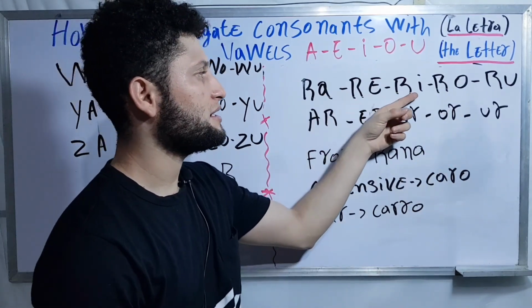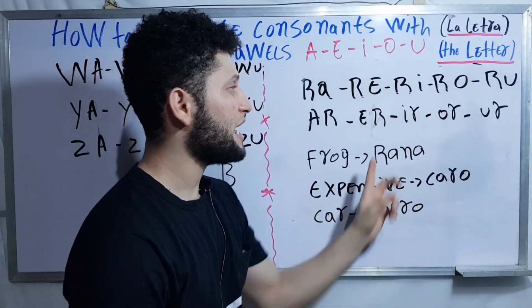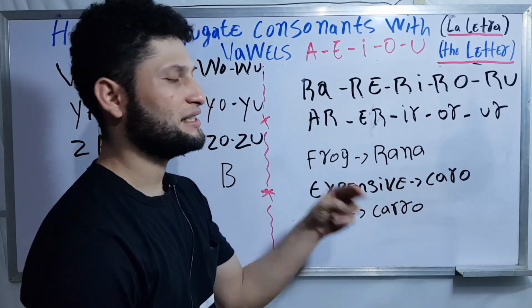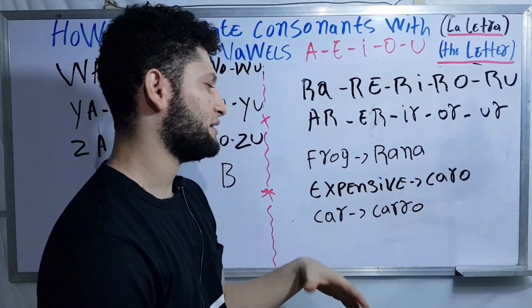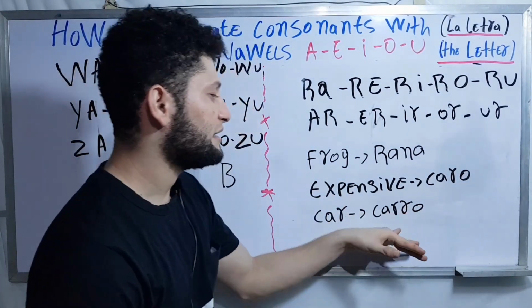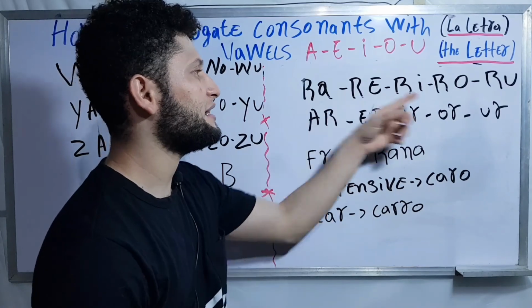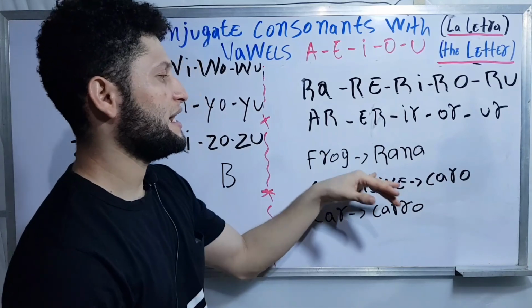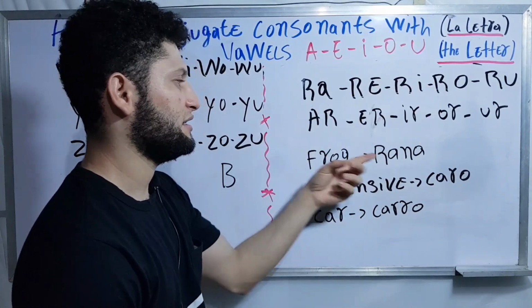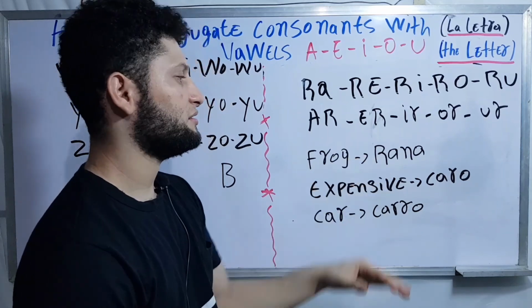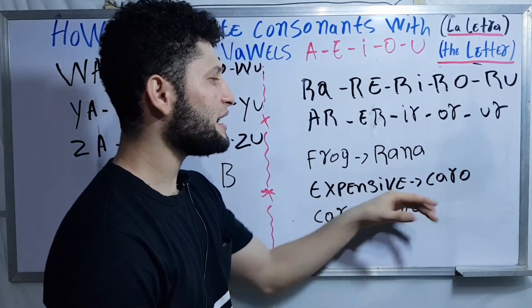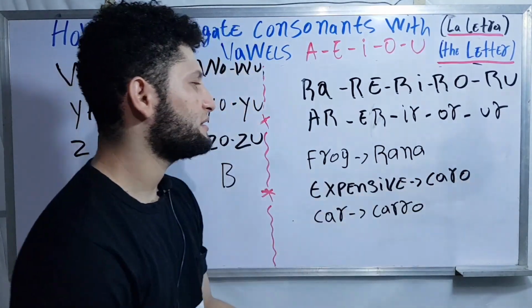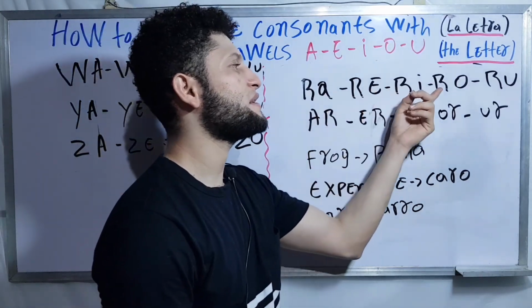However, in this case, you need to add a second letter because it's not at the beginning of the word. Remember that this letter will sound ra, re, ri, ro, ru if it is at the beginning, and if it's not at the beginning, in the middle or at the end, it will sound different.